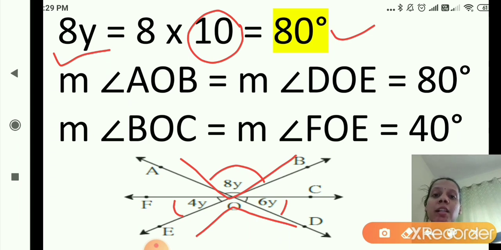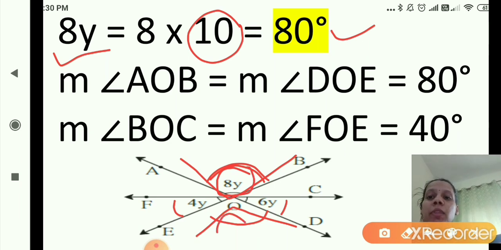Vertically opposite angles are equal in measure. So measure of angle AOB is equal to measure of angle EOD, or you can write DOE, is equal to 80 degree, because we got this 8y means 80, correct. So this angle is also 80 degree now, right?